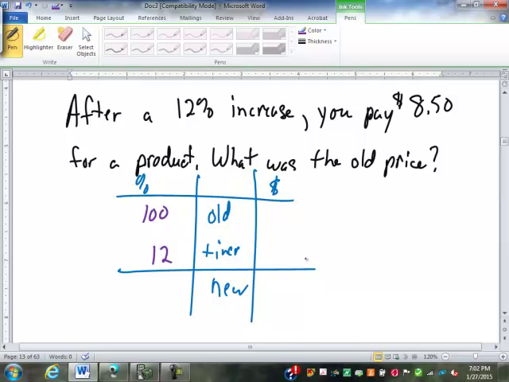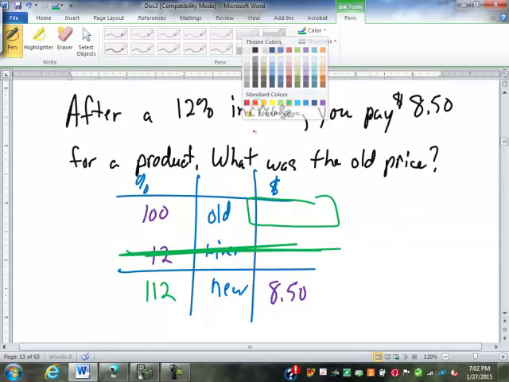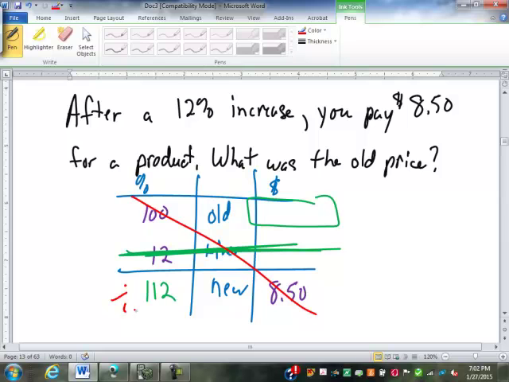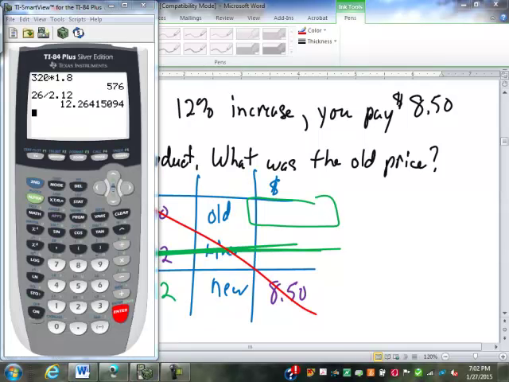What else? 850 is the new, 112 here. We're looking for the old price, so we don't need the middle row. 100 times 850 divided by 112. Okay, my calculator's not working. There we go.